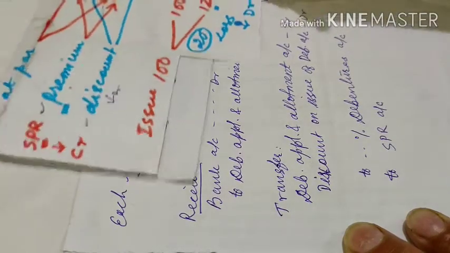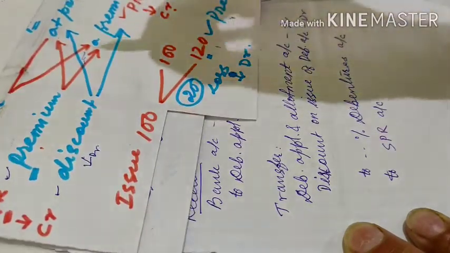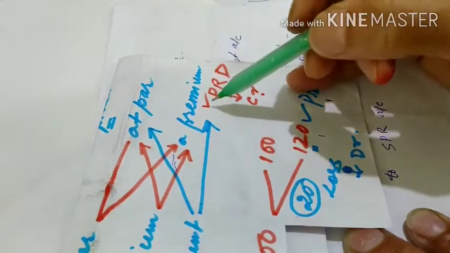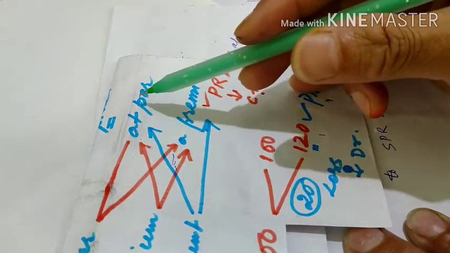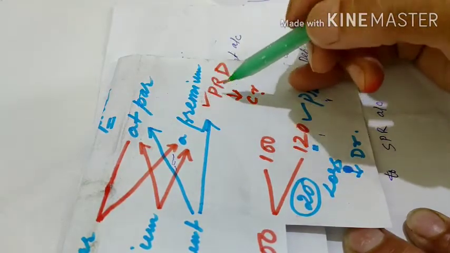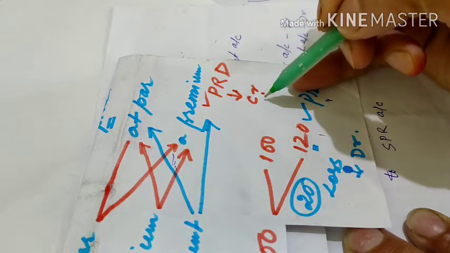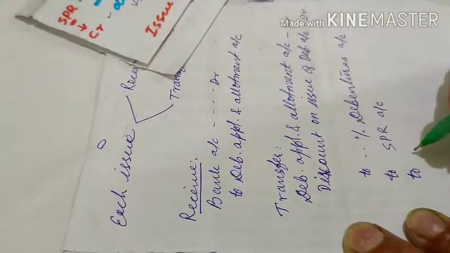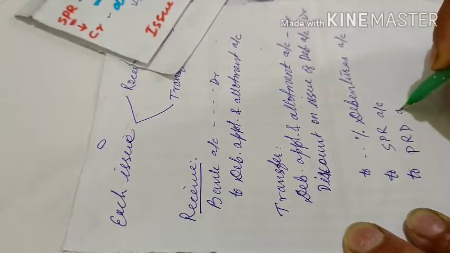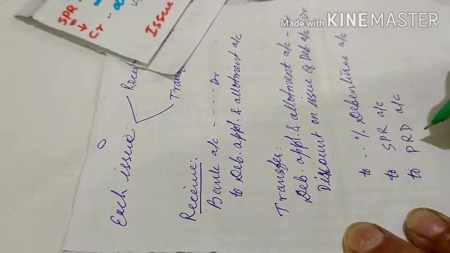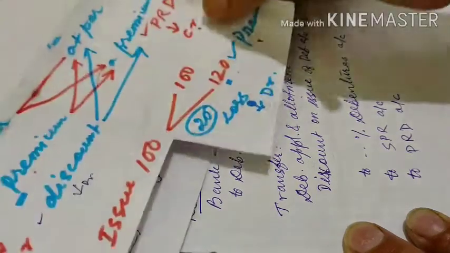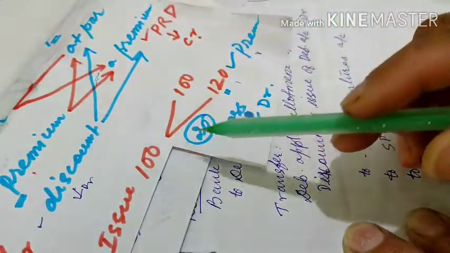Now let's go to the redemption side. In the redemption side we have at par and at a premium. Now this premium is with redemption, so the name used for this premium is PRD, and PRD is credit. So here we will have to PRD account. And what is PRD? Premium on redemption of debenture account. Now I have already given an example here.